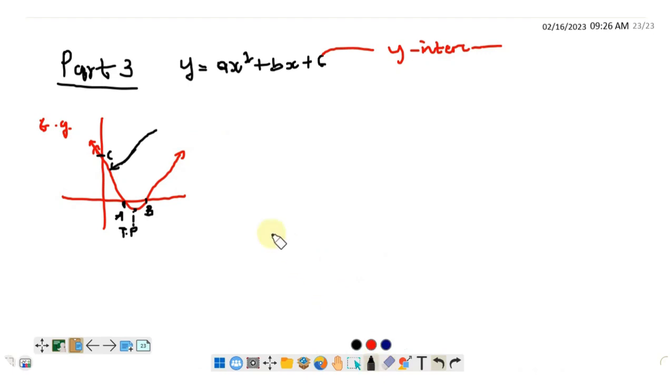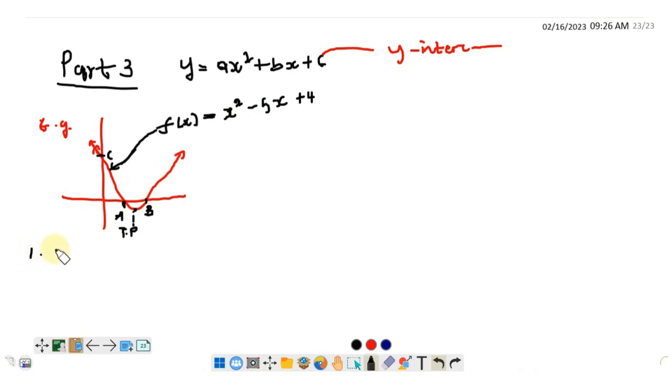Let's write it like this: f of x equals x squared minus 5x plus 4. So let's say this is the equation of this graph. a is positive, that's x squared minus 5x plus 4.